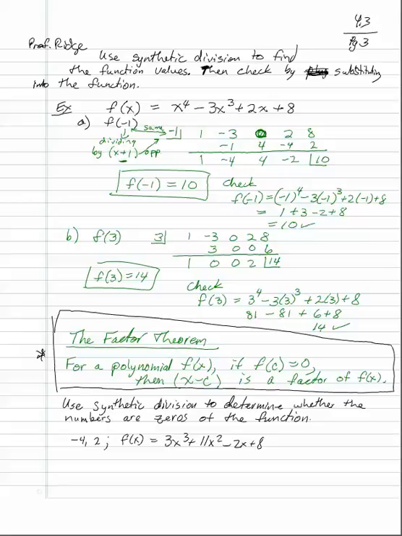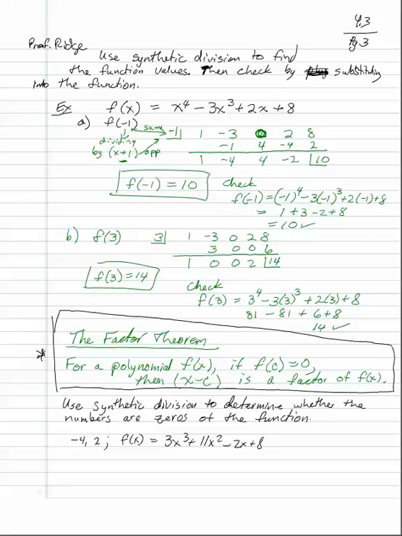If the remainder is 0, we know that x minus c is a factor. Or we can plug it in, and if the function gets 0, then we know that x minus c is a factor. So you can use it either way. Okay, so use synthetic division to determine whether numbers are zeros of the function.